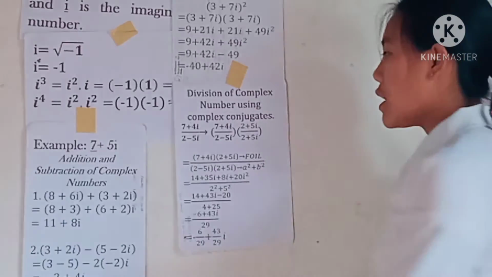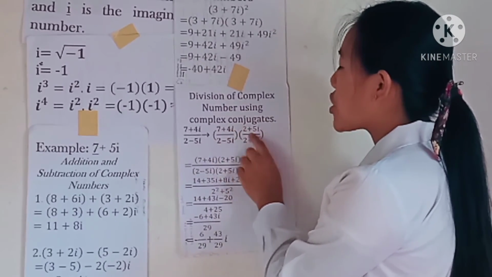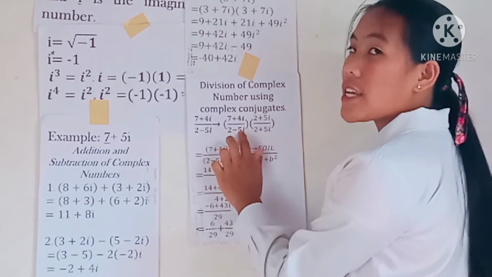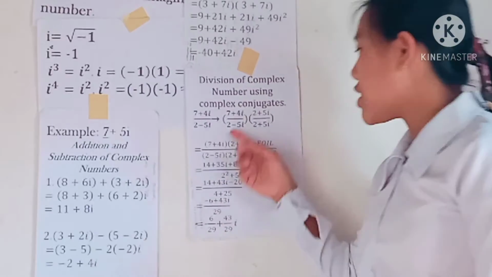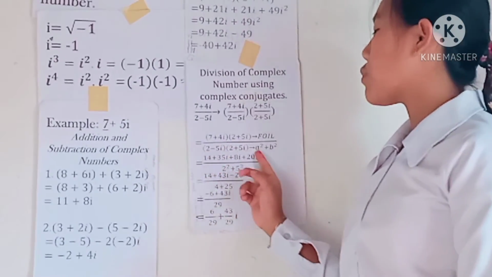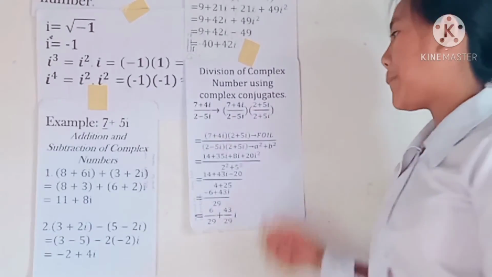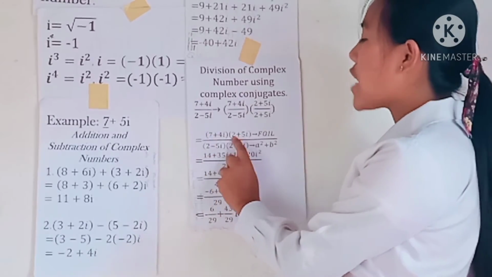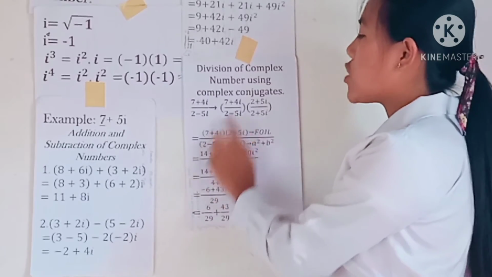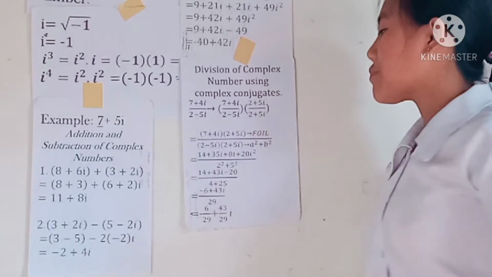Now, we will multiply these numbers by 2 plus 5i, which is the opposite of these numbers. For the numerator, we will use the FOIL method, and in the denominator, we will use the a squared plus b squared formula. 7 plus 4i multiplied by 2 plus 5i, over 2 minus 5i multiplied by 2 plus 5i.